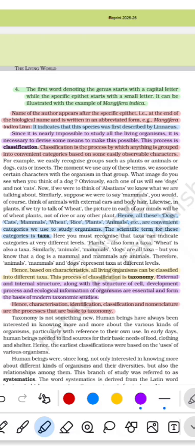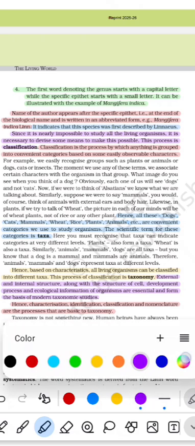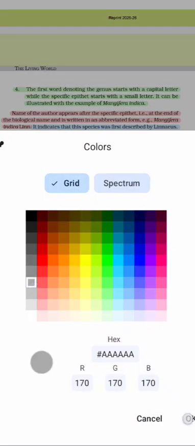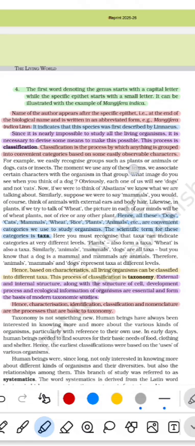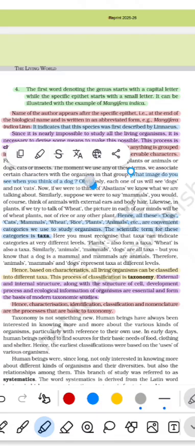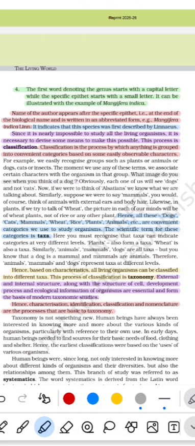Please give attention to the question, because NCERT questions are really very good. What image do you see when you think of a dog? This is a good question from NCERT.